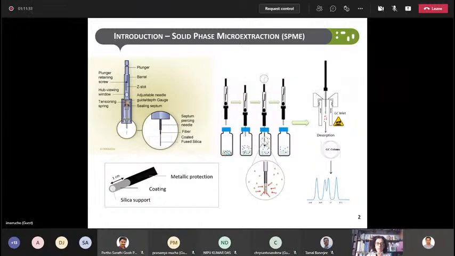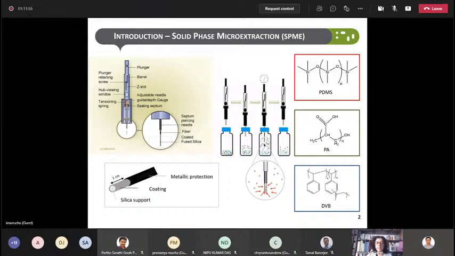And then here inside, I expose the fiber. And the fiber is going to sorb analytes from the headspace of the sample. So this is a non-destructive sampling technique. Then I take the plunger out of the flask and I desorb it inside of the GC column.